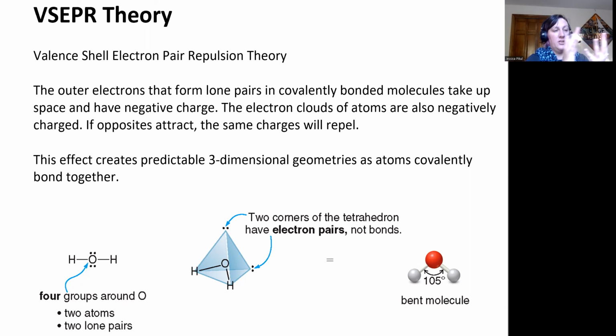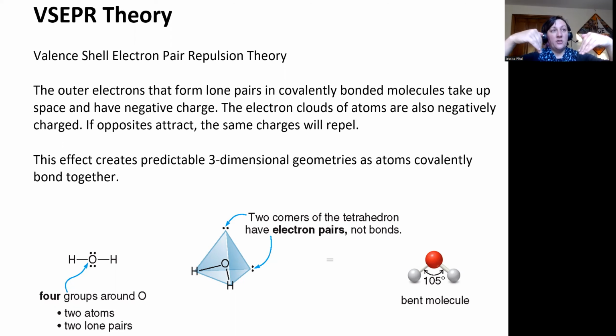So to do this translation from 2D to 3D, we have to introduce a new theory. It's called VSEPR theory. Yeah, it's a mouthful what it stands for: valence shell electron pair repulsion theory. So basically it means that the outer electrons in an atom, or the lone pairs that are on an atom that's then bonding, all of these spaces where there's electron clouds are going to have negative charge.